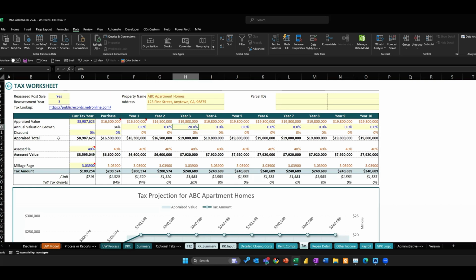I noticed that a lot of the assessments also have a fixed additional fee, be it a stormwater fee or some kind of non-ad valorem tax rate that you've got to add on to that. Some of them are pretty significant. So what I do is just add that onto the formula after the tax amount.